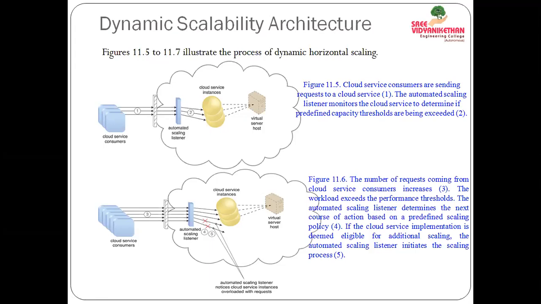This is the well-fitted scenario. Now, if the cloud consumers are increasing, automatically what does it mean? It means that the number of requests coming in is more, which means the load on the resources is more.